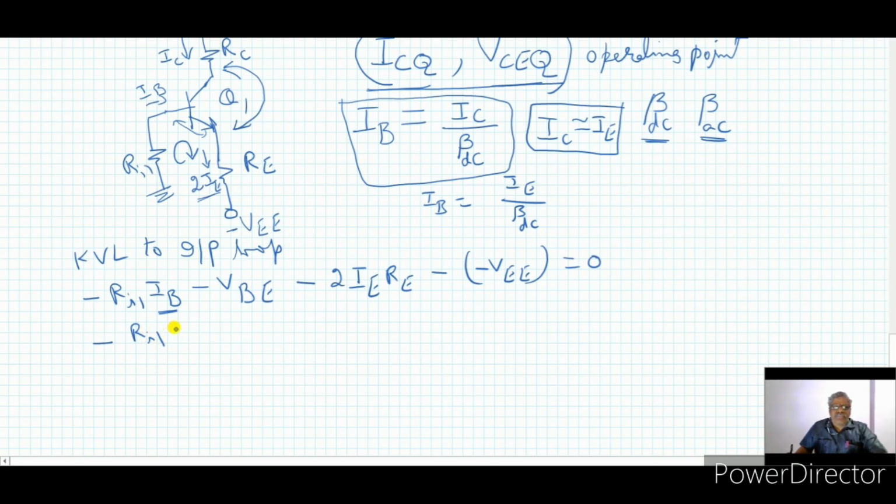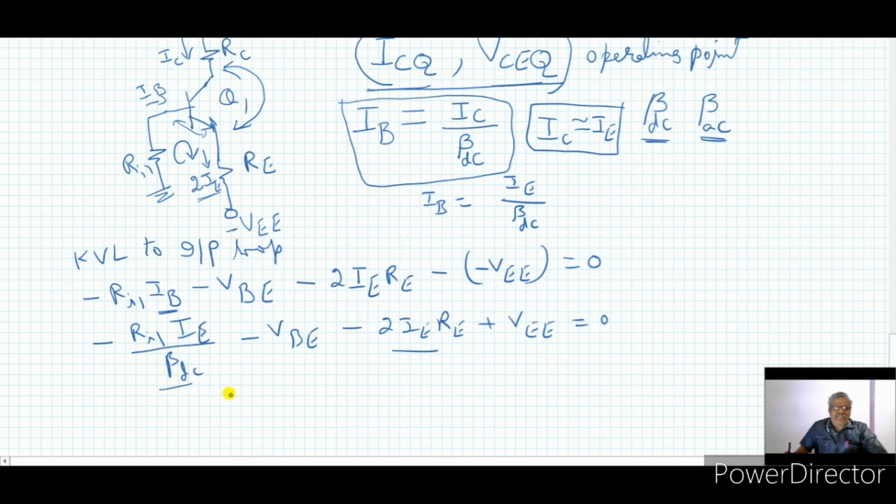RI1 IE divided by beta DC minus VBE minus 2 IE RE plus VEE is equal to 0. Now take IE common from these two and send this to the other side, because these two are minus here, they become plus if you send them to the other side.